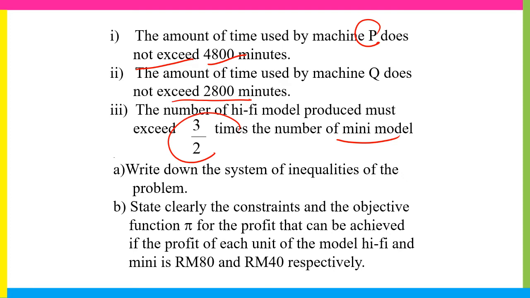Okay, so we are given the objective function, which is the profit. So the objective function we get. Now state clearly the constraints. Okay. Now let's see what the system of linear inequalities is.